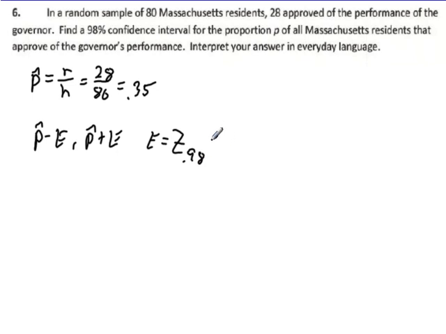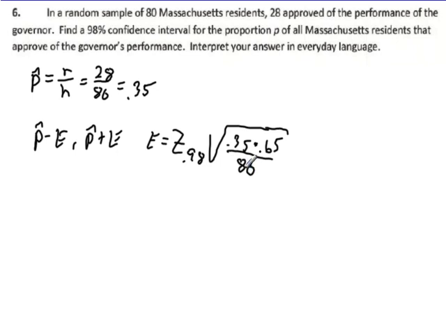Z.98 times the square root of P hat, which is 0.35, times the complement of P hat, Q hat if you will, which is 0.65, over N. And what's N again? N is the total number of people in the trial, which is 80.